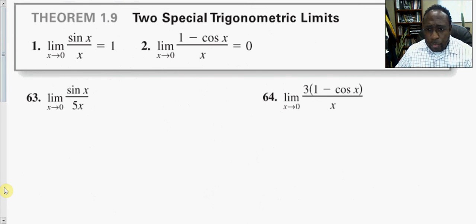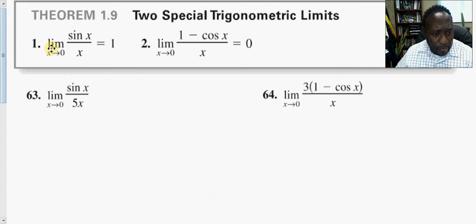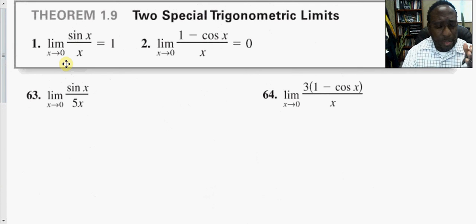Two special trigonometric functions. Again, we talked about this before in the introduction, but now let's apply it. So this number 63 is the limit of sine x over 5x as x approaches 0. But the theorem says that you got to have the form to match up: the limit of sine x over x as x approaches 0. We had another theorem that said that if you have a constant or a scalar times a function, you can factor out the constant times the limit.